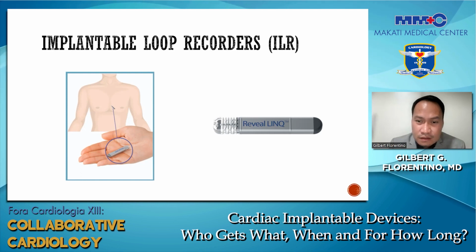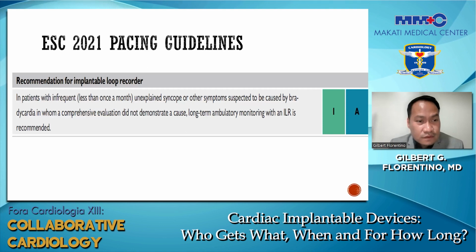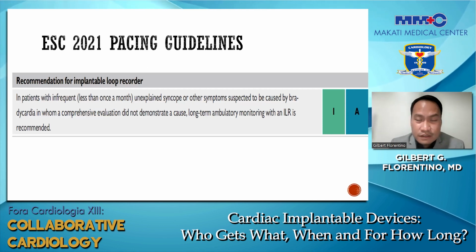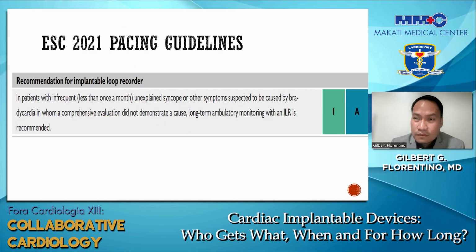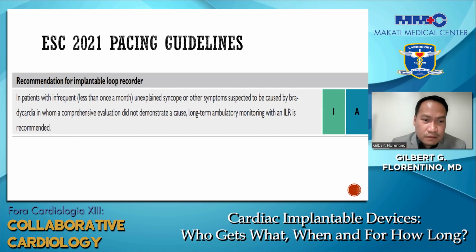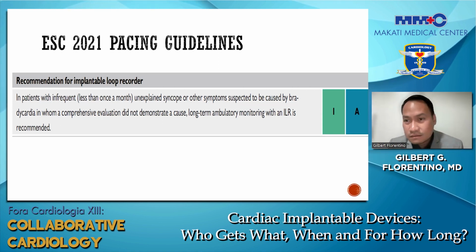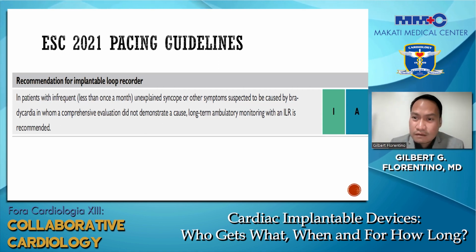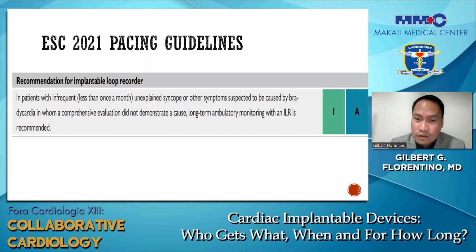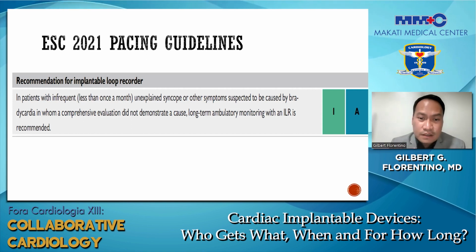These are usually indicated again for our patients with very infrequent symptoms, less than once a month, with unexplained syncope, for example, or other symptoms of bradycardia. We have already exhausted all our comprehensive evaluation, but didn't document any cause of bradycardia or bradyarrhythmia.